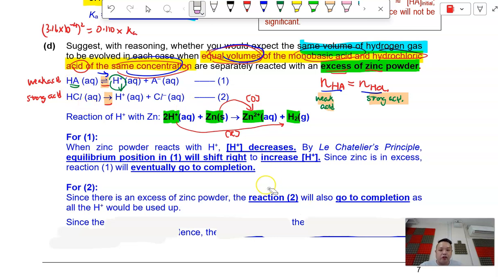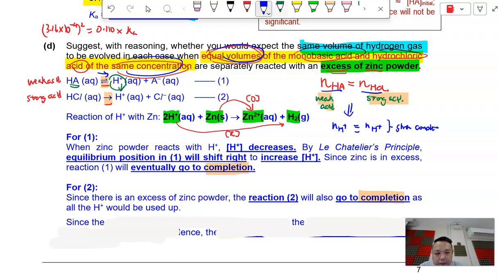Both reactions will eventually go to completion, which means, since I use the same number of moles of HA and HCl, the amount of H plus will be the same. The number of moles of H plus from the weak acid and from the strong acid is the same given completion, because zinc is in excess and all the H plus will be dissociated for both acids.